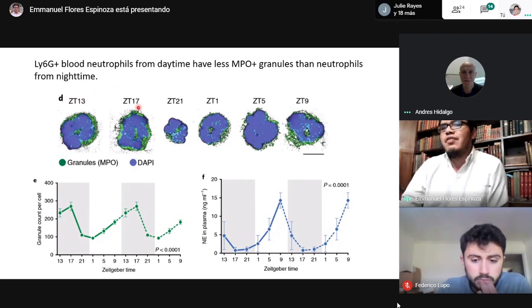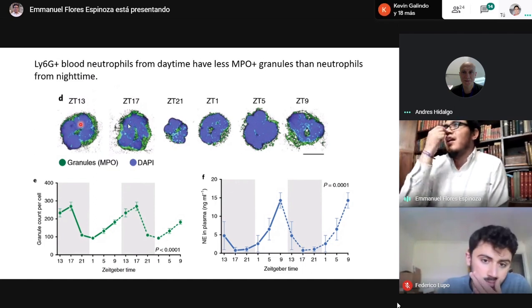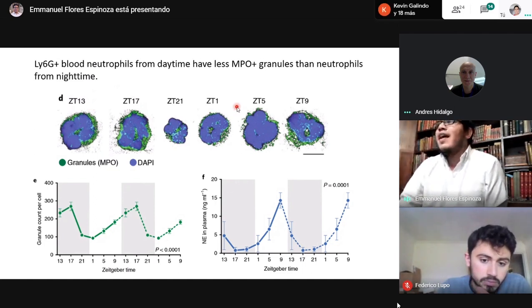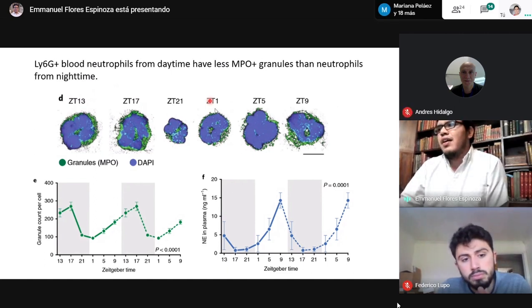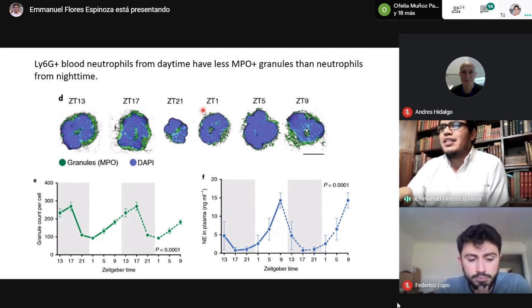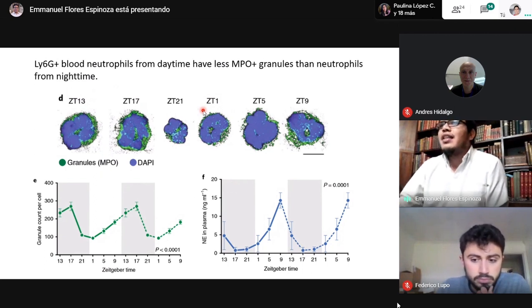This is a nomenclature principally used in the circadian field. The signs indicate the lights are on in the day cycle of the mice, and these hours, 13, 17, and 21, are hours of the night, and 1, 5, and 9 are day hours, or hours with light.